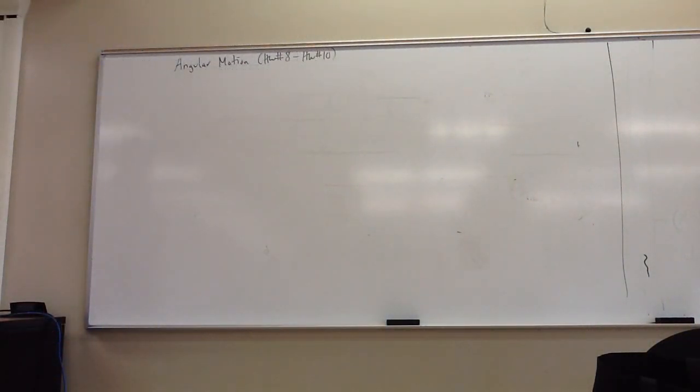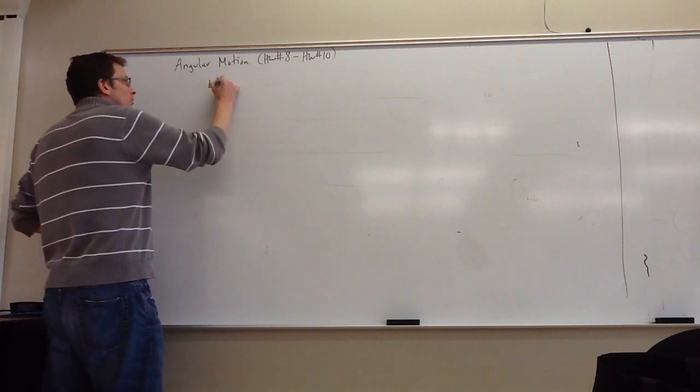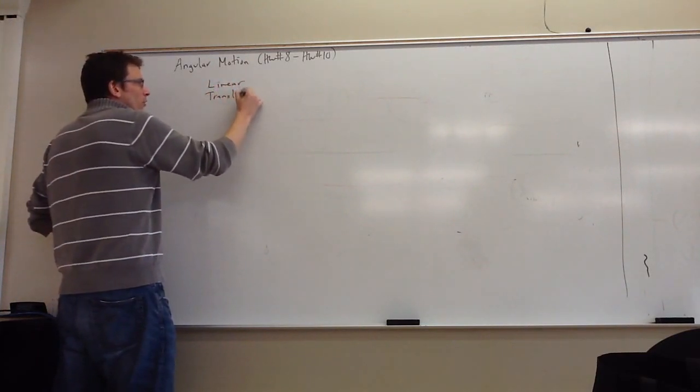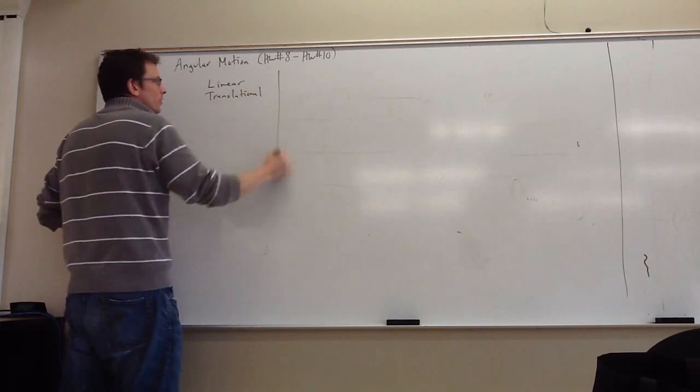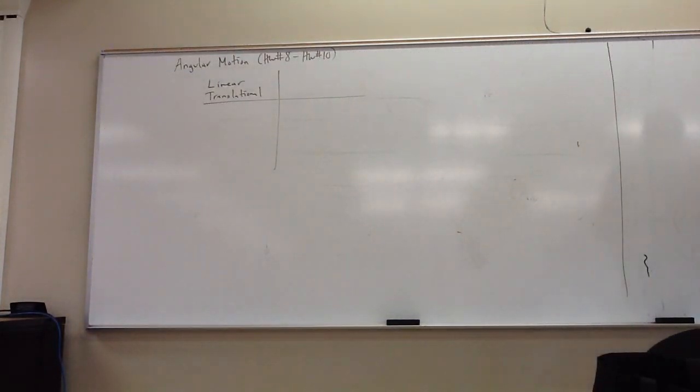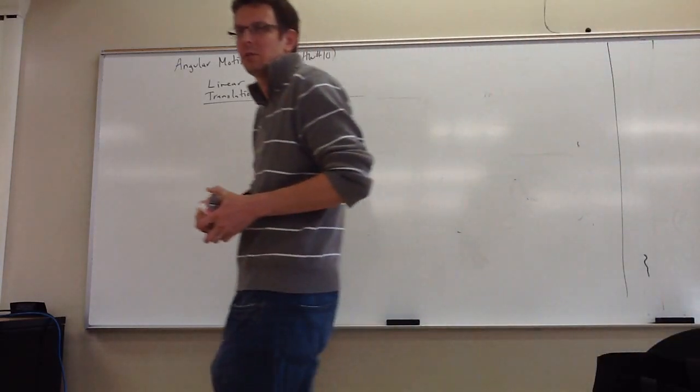What we're going to do is just introduce the bizarro version of everything we've talked about in the class so far. What we've talked about so far is linear, also known as translational physics. We didn't call it that because, of course, we had nothing to confuse it with.